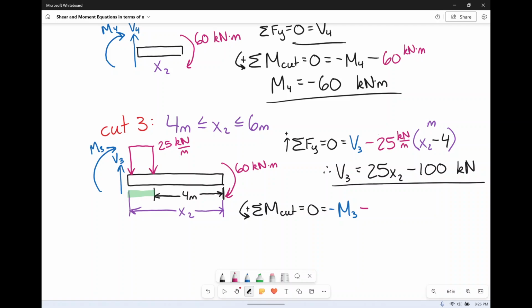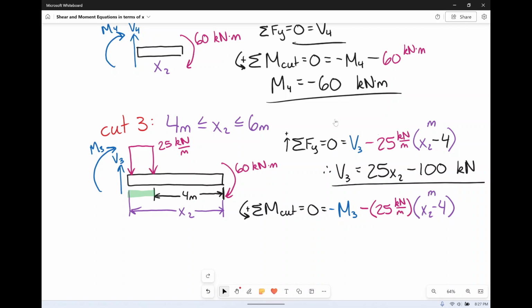So it's minus, again, what's the force? The force is going to be the 25 kilonewtons per meter times, we already just discovered what the distance was, right? It was x2 minus 4 meters. Again, that was literally right here. So that's force, as we found. We just cross out our meters here.